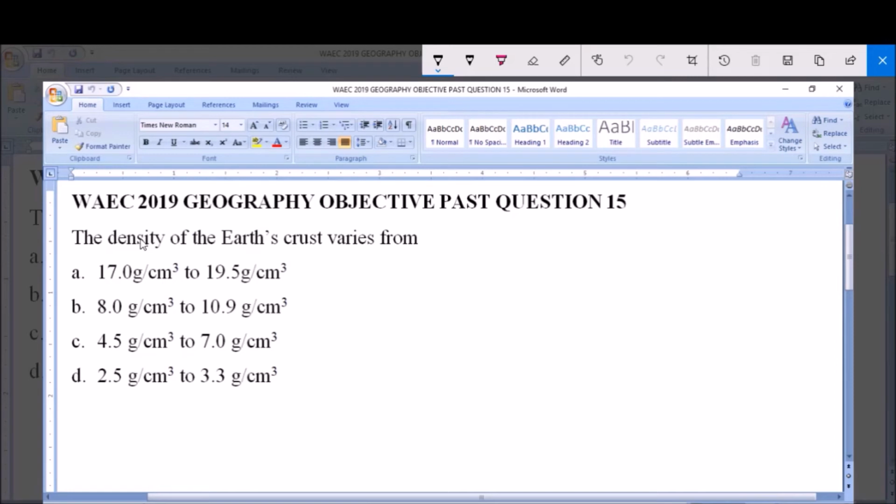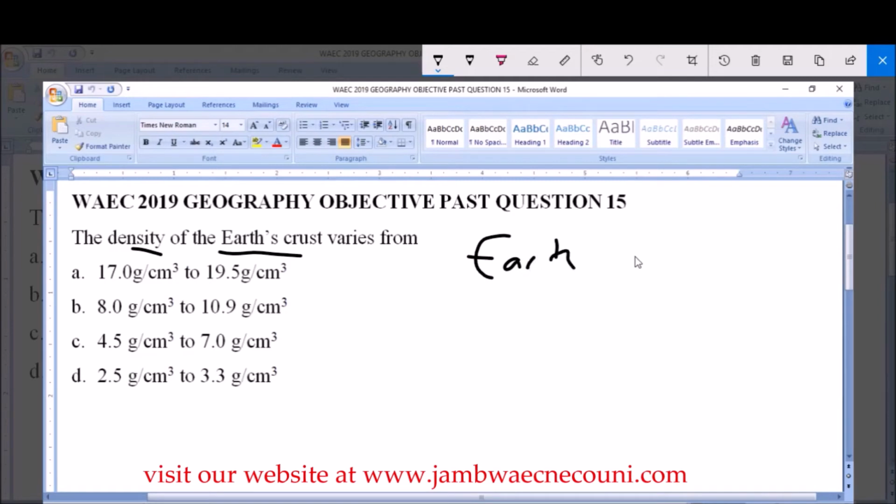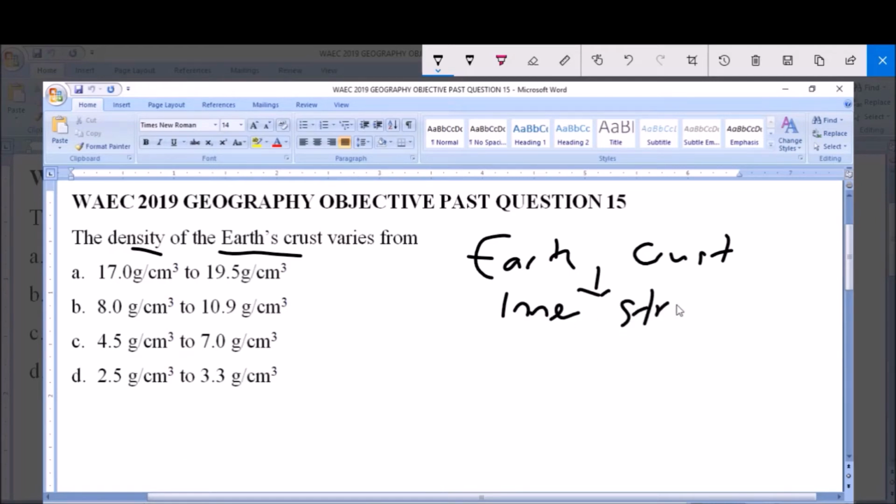Now, what we are looking at here is the density of the Earth's crust, and it's important to note that the Earth's crust is the innermost or the inner structure of the Earth. Now, this inner structure of the Earth is made up of 3 concentric layers.